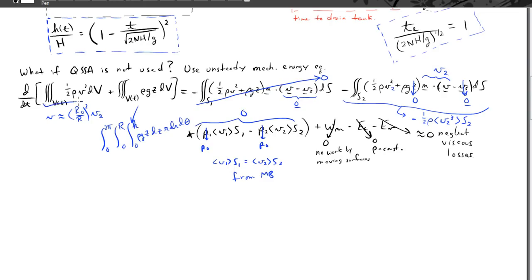This first integral here, with the velocity known and assumed to be constant throughout the domain of integration, we would simply get 1/2 rho V2 squared, r0 over capital R to the 4th, multiplied by the volume V of t.